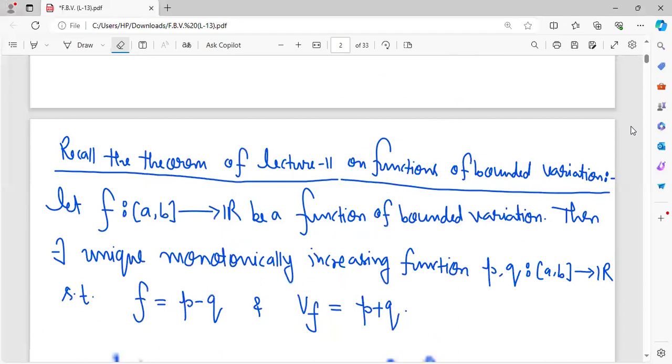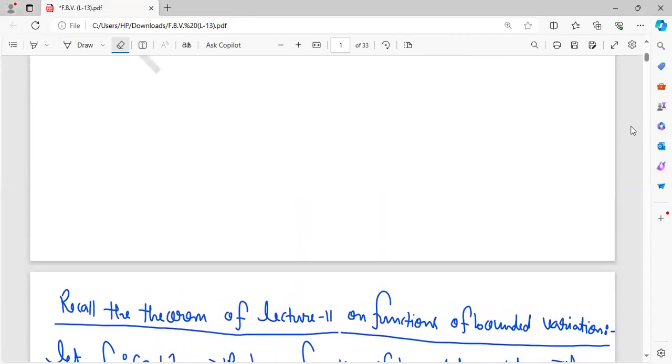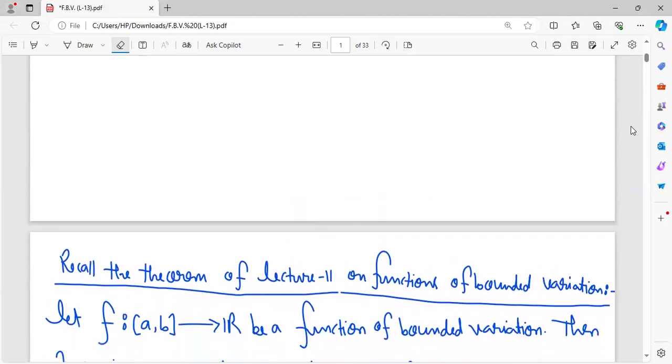We recall the theorem of the 11th lecture on functions of bounded variation. What was that theorem?